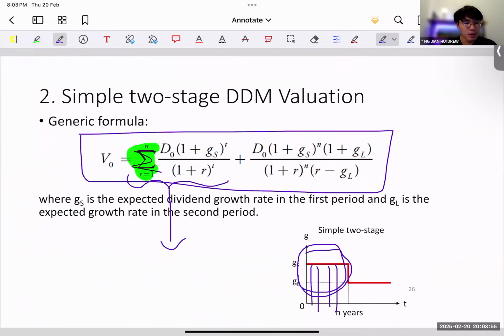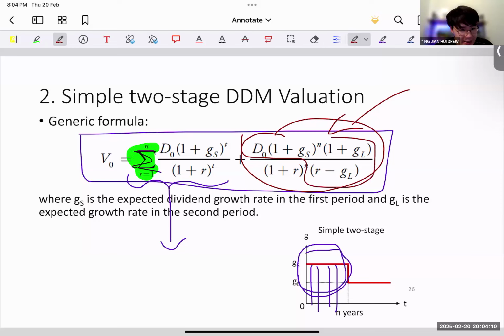Then the last part of the formula gives you the normal growth at a growing perpetuity. Can you see that this, okay, maybe I'll use this color here.